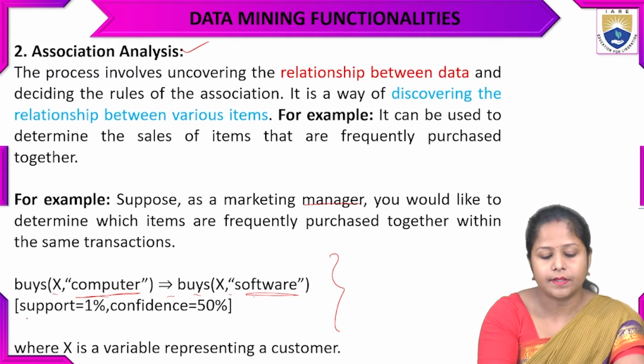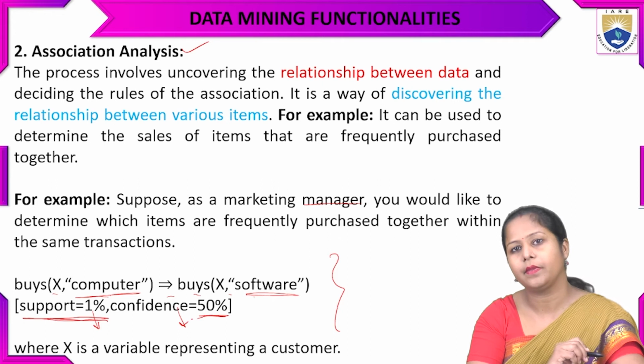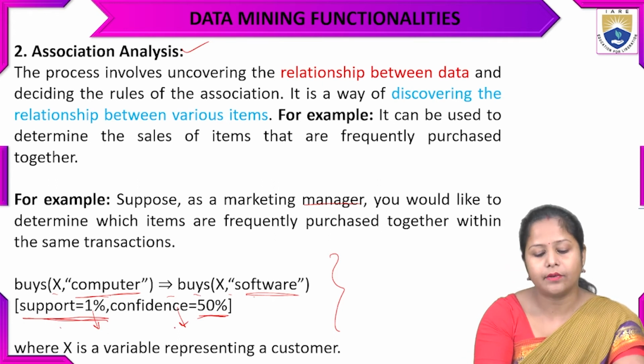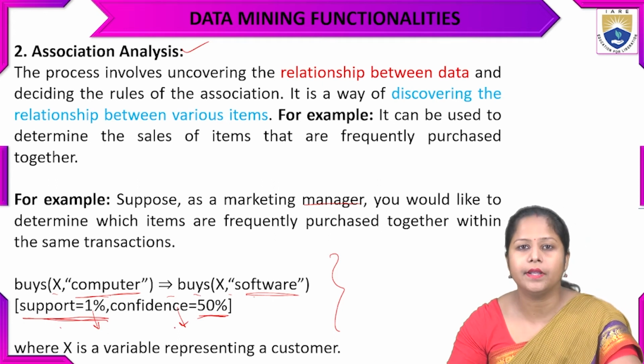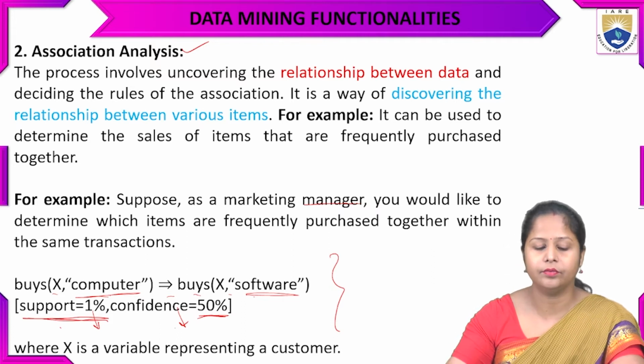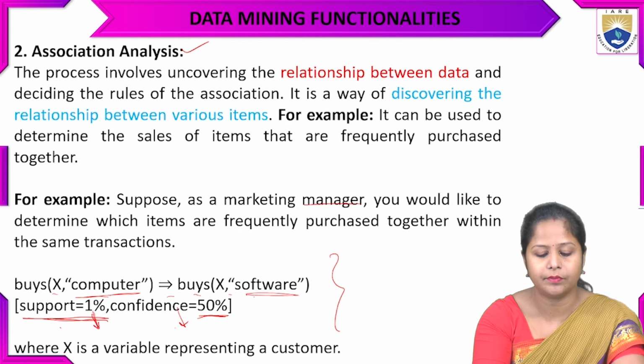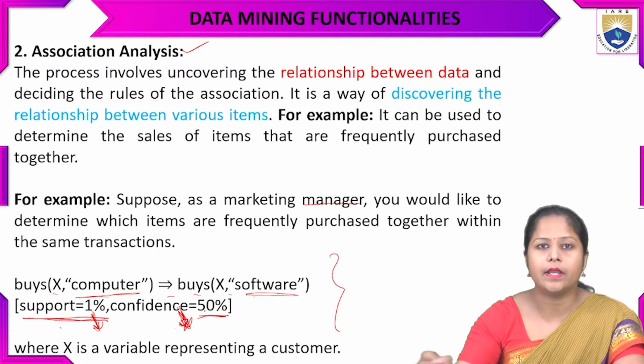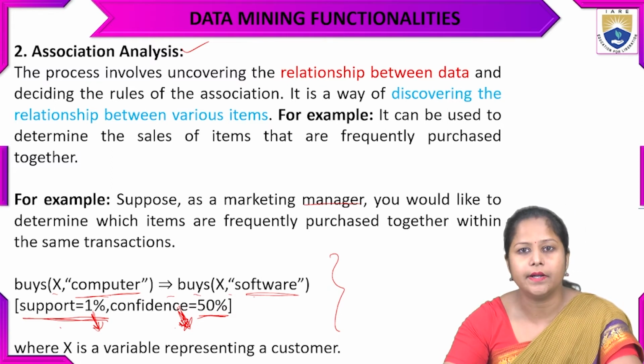Here the support we have calculated came out as 1% and the confidence came out as 50%. The support and confidence we have covered in the earlier classes, so we can understand how we calculated the support and the confidence of that rule. Here x is the variable representing a customer.